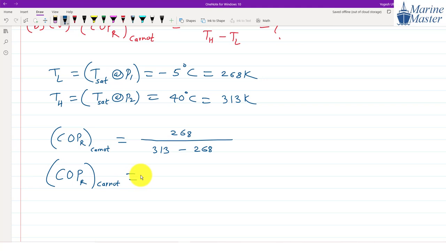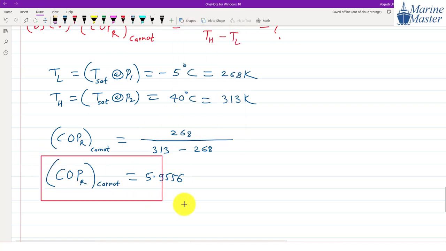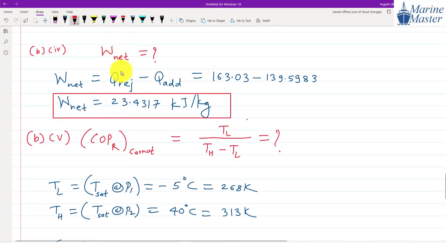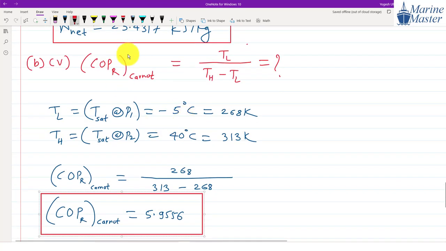If you do the calculation, guys, we get the COP of the Carnot refrigerator as 5.9556. As it is a coefficient, it has no unit. So before going further, we have already written up to W net. After W net, this is B's fifth part, guys.